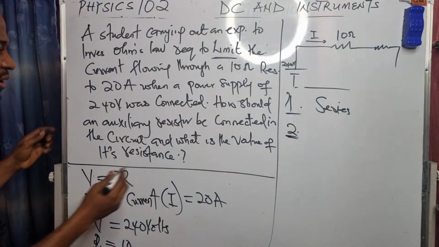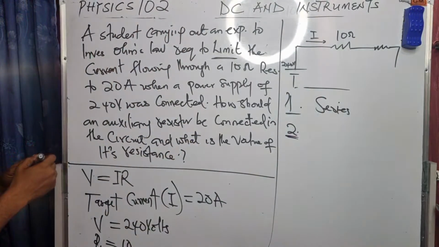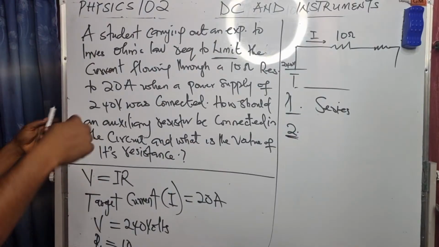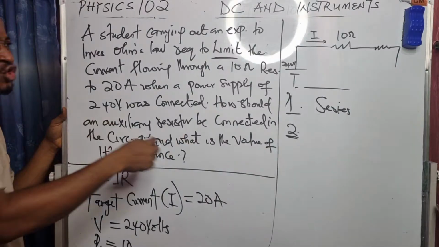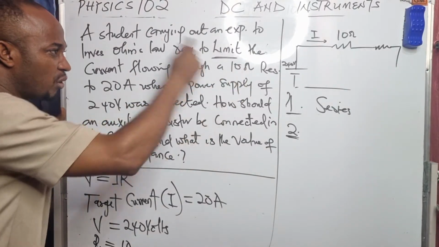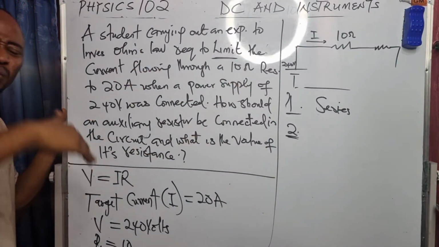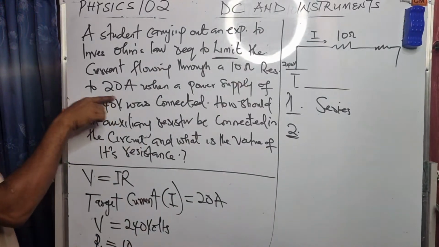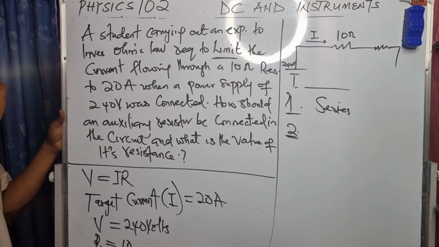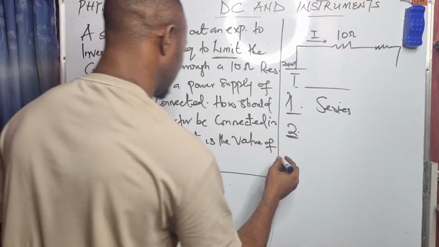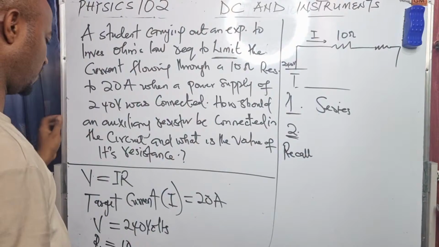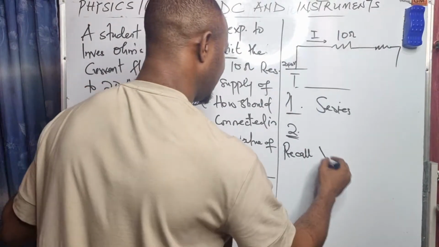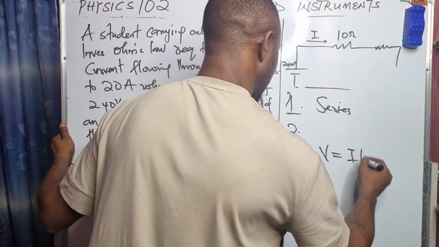Now, number 2. The question asks, what is the value of its resistance? Meaning, what is the value of the auxiliary resistor that should be added to the 10 ohm resistor in order to limit the current to 20 ampere? So what we do here is recall that V is equal to IR.